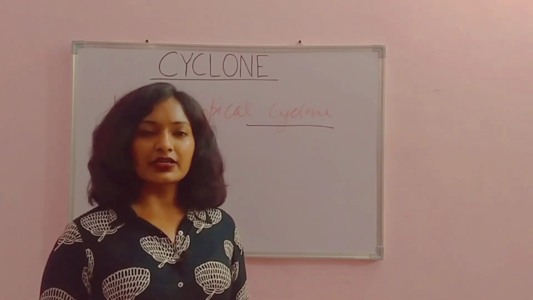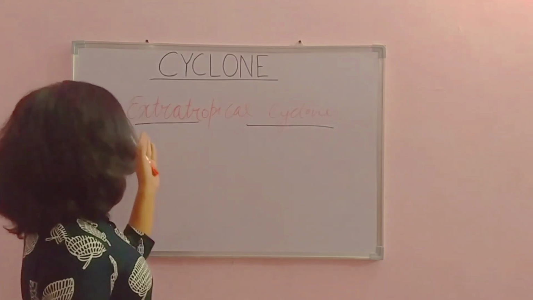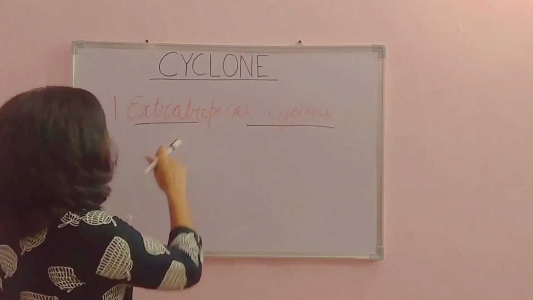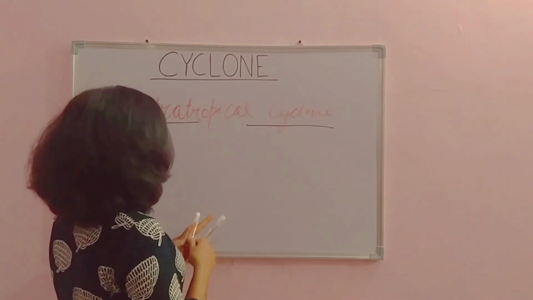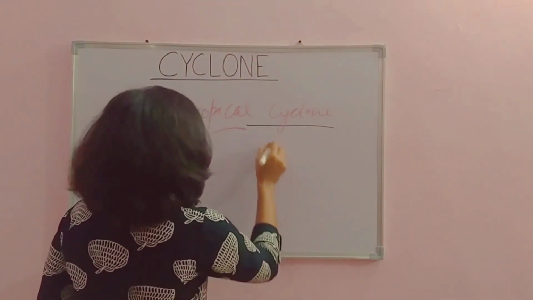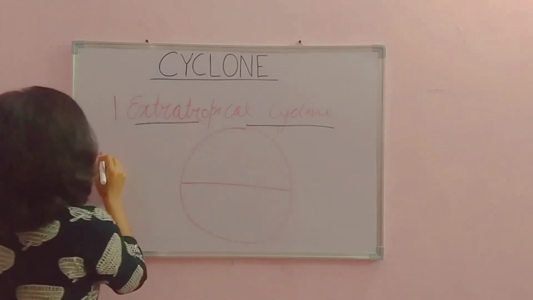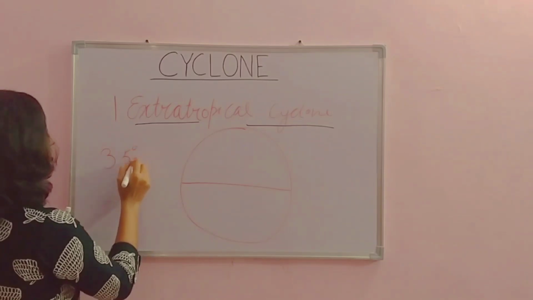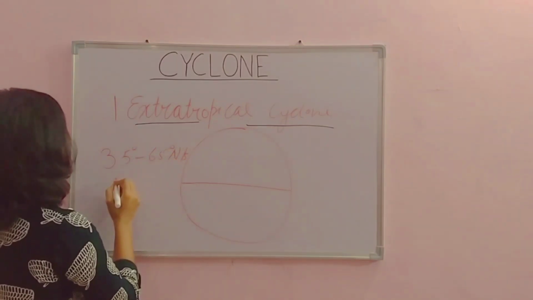Let's understand extratropical cyclone or temperate cyclone. As the name suggests, extratropical means beyond the tropics. So basically extratropical or temperate cyclones are atmospheric disturbances which occur over 35 to 65 degrees in the north-south hemisphere.